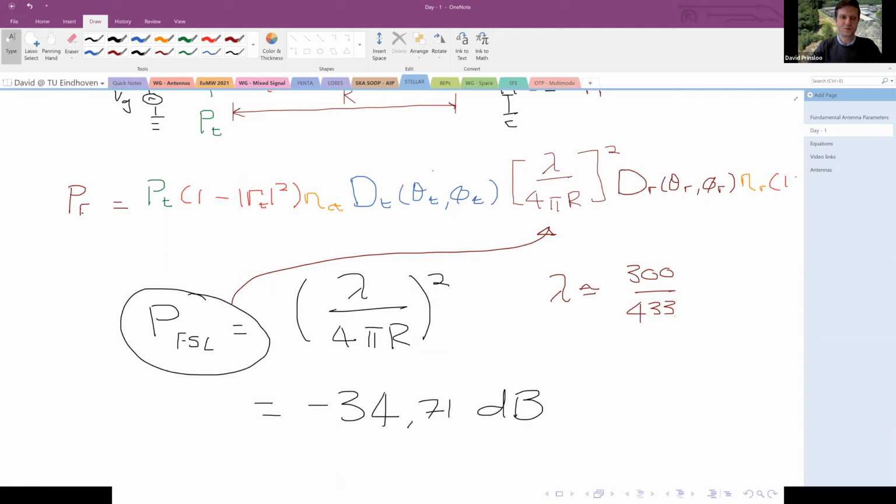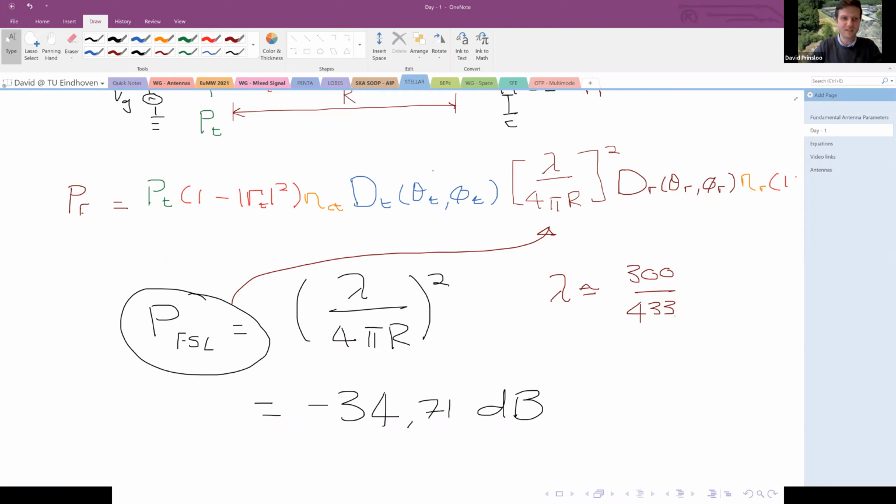Carmen, just to get back to your question, I see you asked, is the free space loss the same in the near and the far field? Now, it's a good thing I had 10 minutes to think about this. I'm cautious to just answer that and say yes.